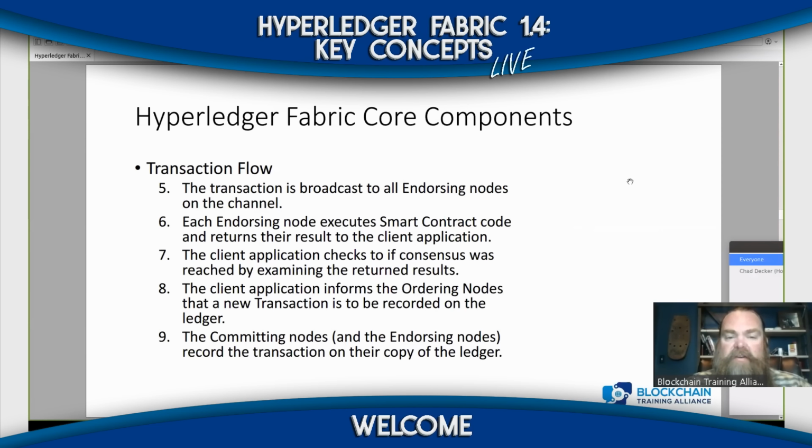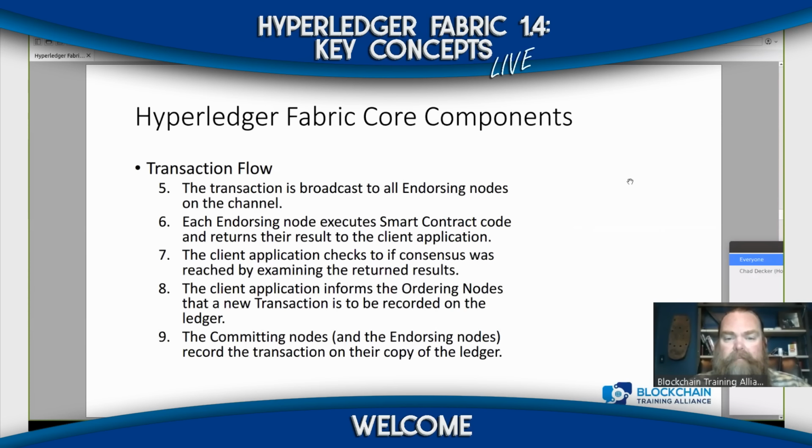Each of these endorsing nodes is going to independently execute that smart contract code and come up with a result that they're going to send back to the client. So that means none of these endorsing nodes has any idea what any other node is coming up with. And it's up to our client here in step 7 to look at the answers they get back and determine whether or not we've reached consensus, whether or not we've reached agreement.